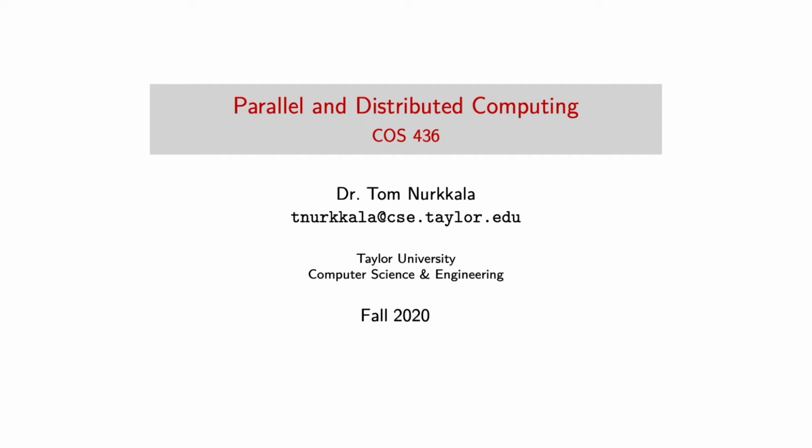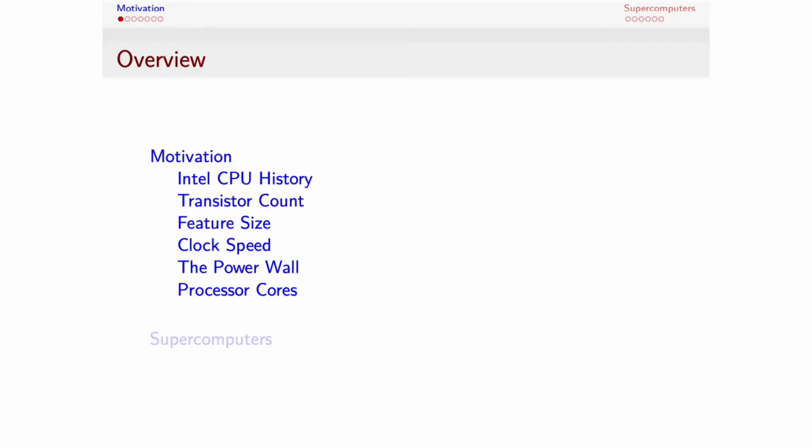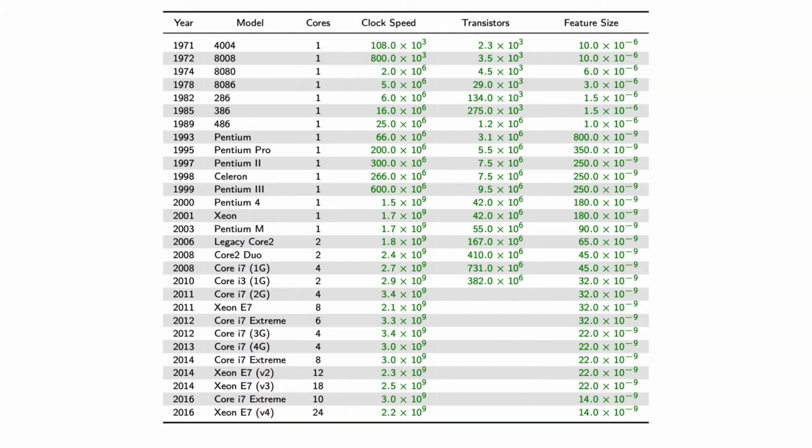But what I want to take a look at is what's really happening behind the scenes in terms of the increases of performance in computing in recent years. So we're going to take a look at some of the historical background behind this process and start out with an overview of various performance characteristics of different processors over the years.